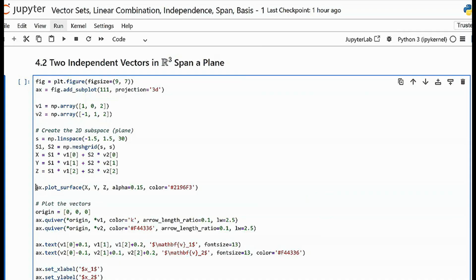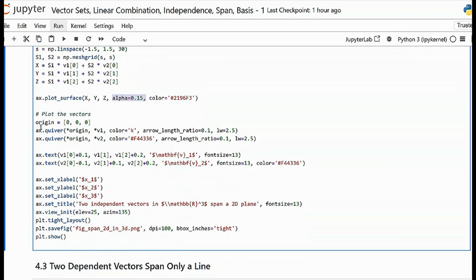And here, of course, we are going to plot a surface, which represents the plane. The plane is then the subspace. Here we have alpha 0.15, which makes it transparent. Now let me move on here. Kindly observe we have x, y, z, and all the things are defined with an origin.